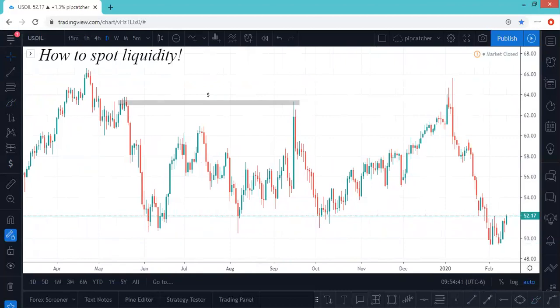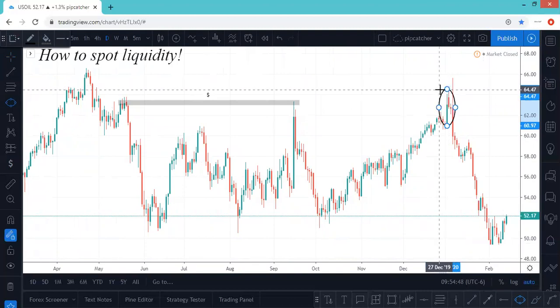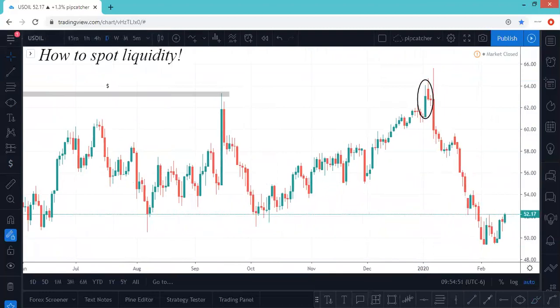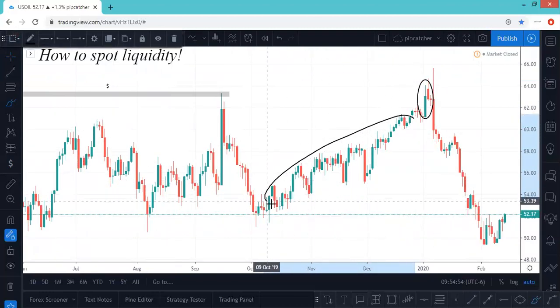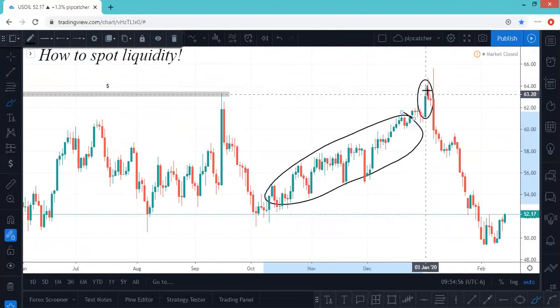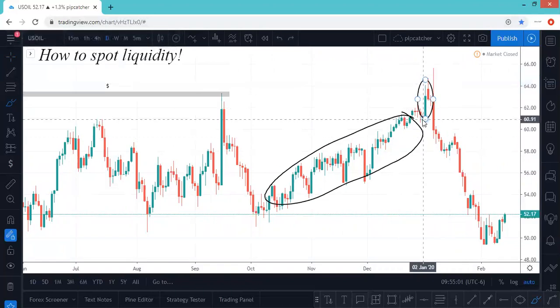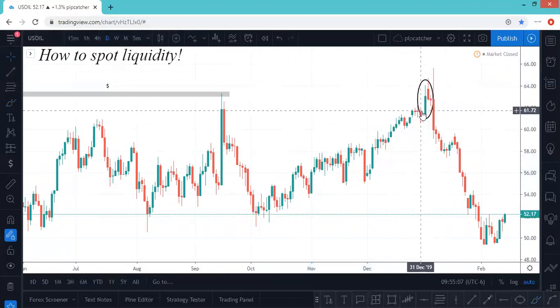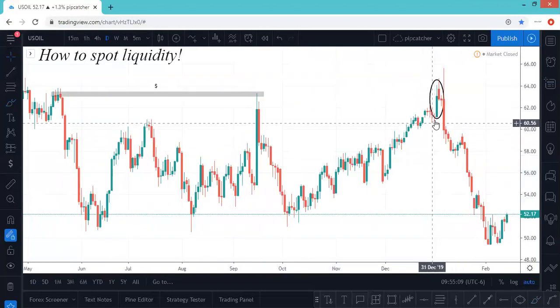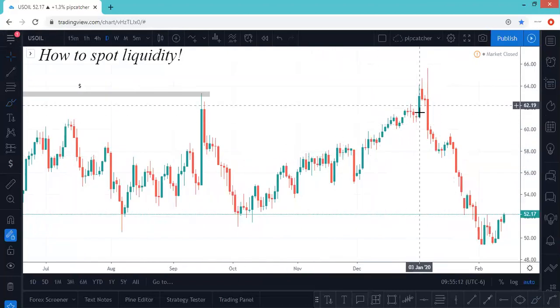Now we can identify this candle as a whole different candle, because if you look at all these candles in this sequence compared to this candle right here, that last shot up right above that liquidity, that last push to the upside, you can identify that as a liquidity grab, a trap candle.